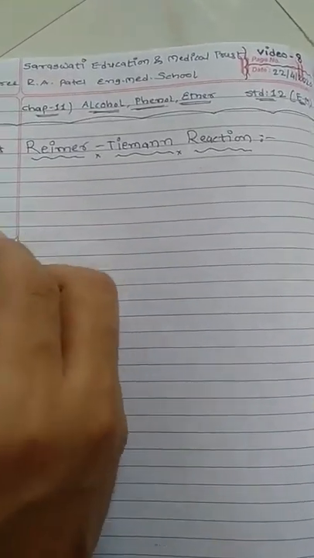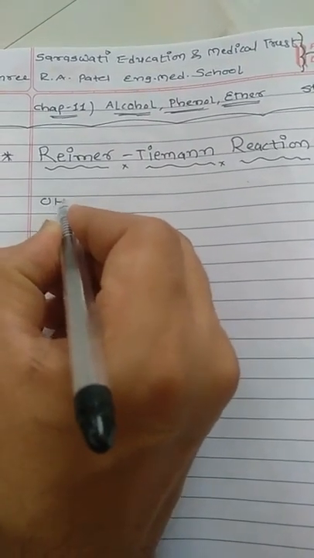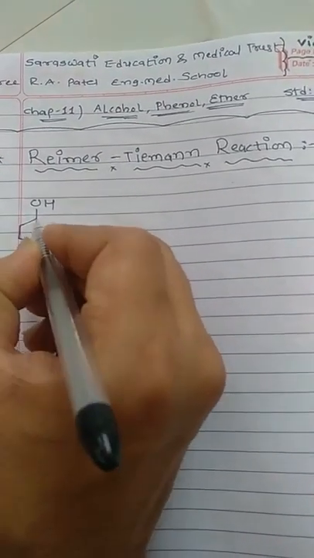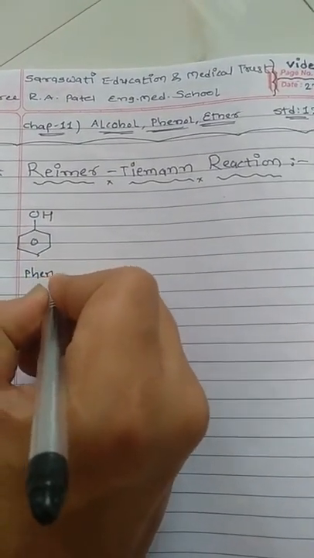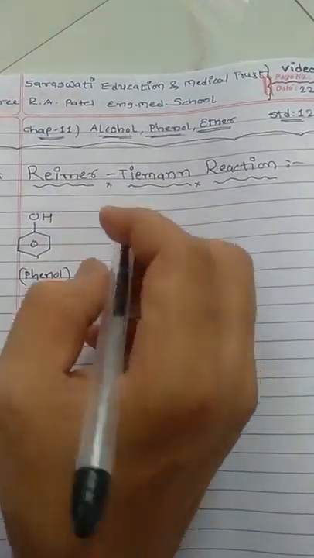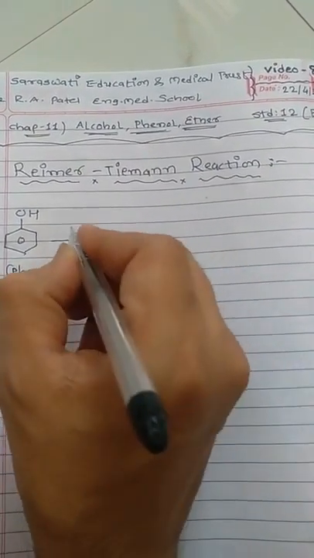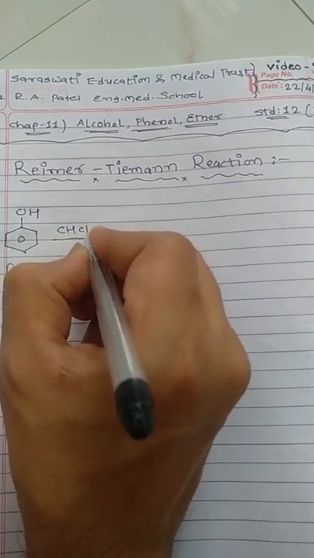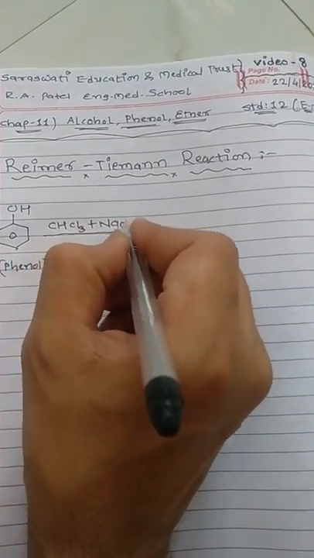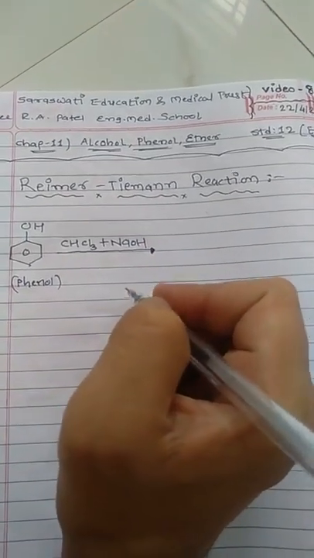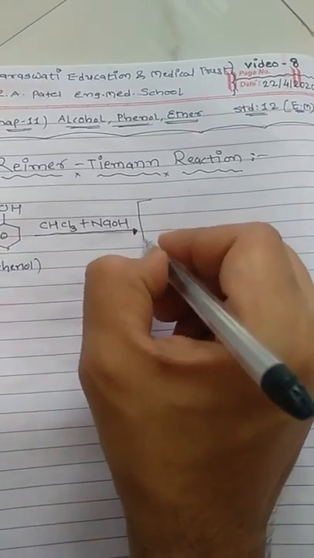So it starts from phenol. This is phenol. When phenol is treated with chloroform, the formula of chloroform is CHCl3, and NaOH solution, the reaction of these two will give an intermediate.